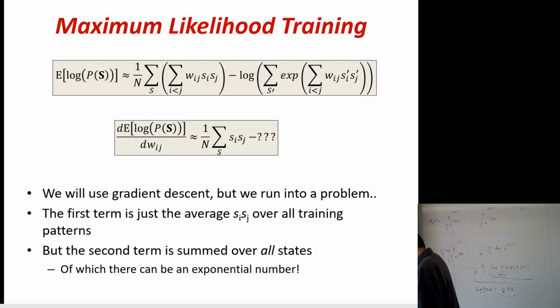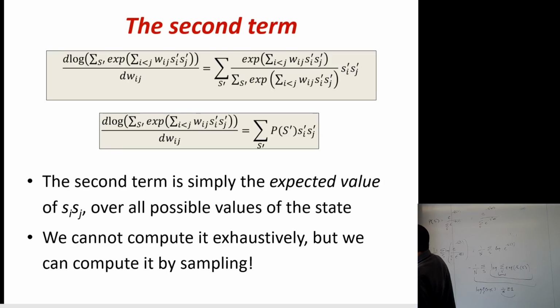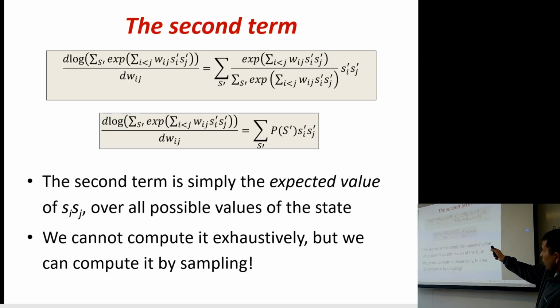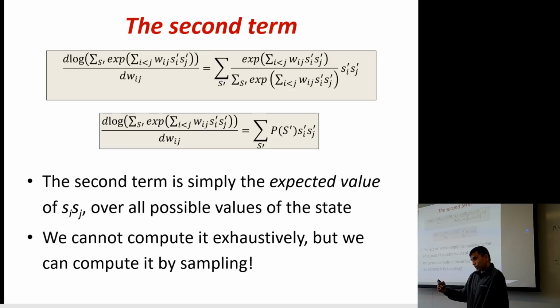So instead of working this out on the board, I've actually worked this out on the slides. For the second term, you're taking the derivative of the log of the sum over all states of e raised to minus energy for the state, with respect to wij. And when you take the derivative of the log of any term, firstly the term ends up in the denominator. Then you get the derivative of the term itself with respect to the weight.